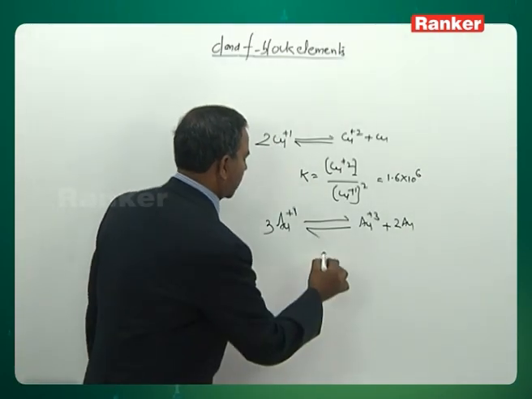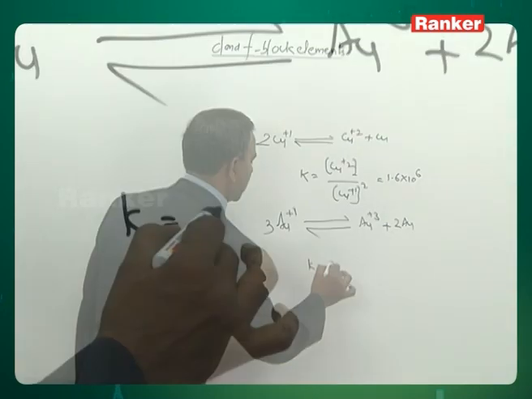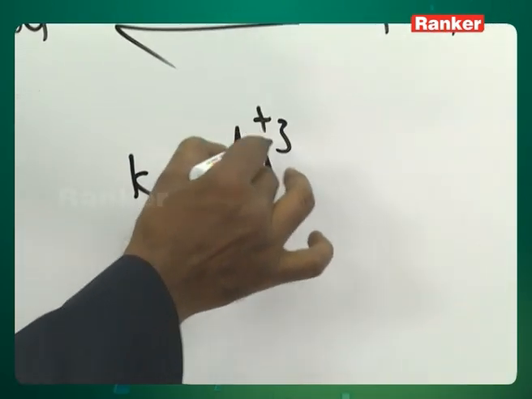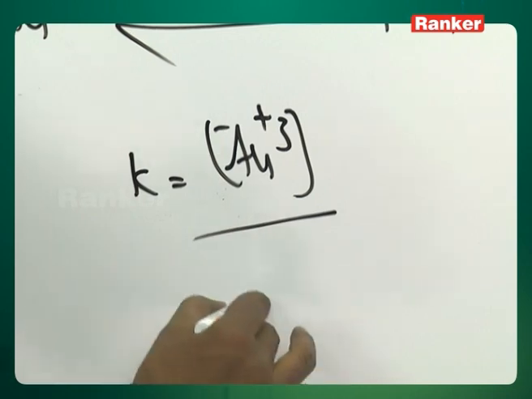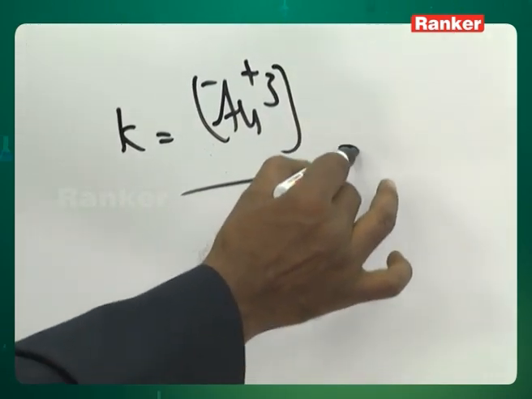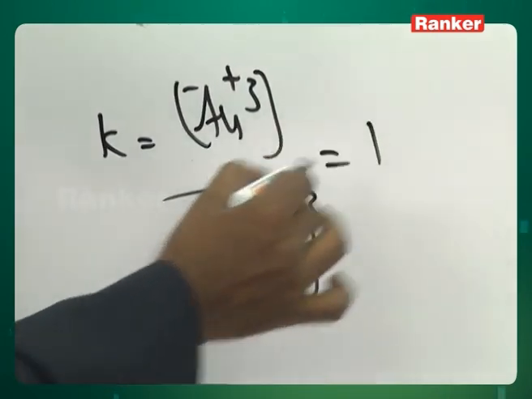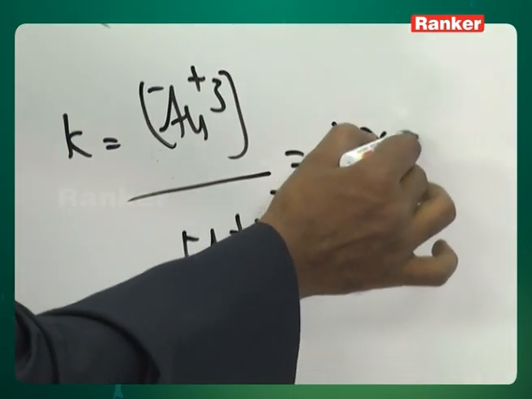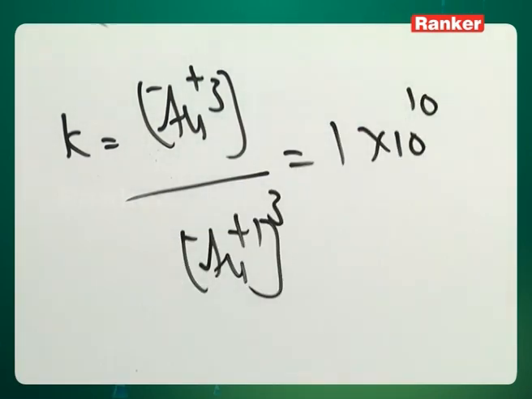Let us write the equilibrium constant for this: K equals Au3+ over Au+ cubed. This equilibrium constant value is found to be 1 into 10 to the power of 10.